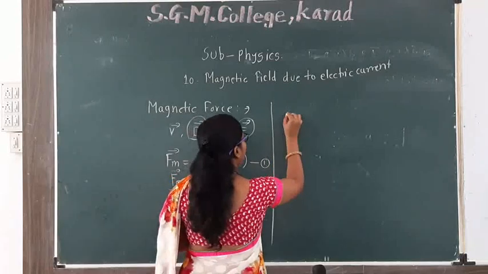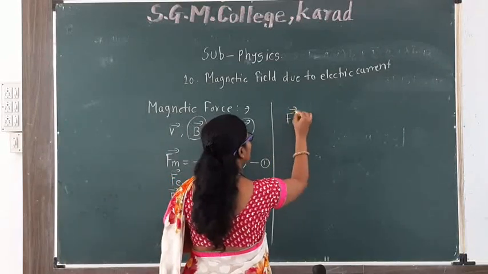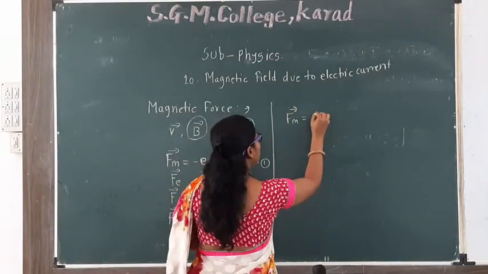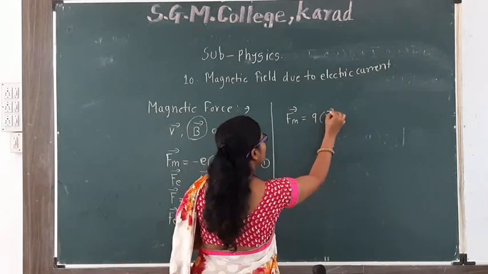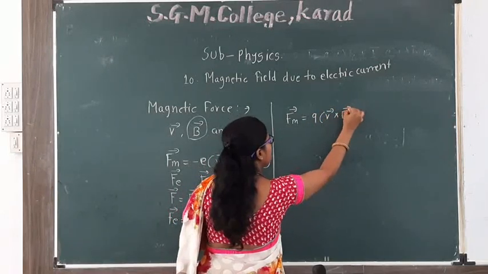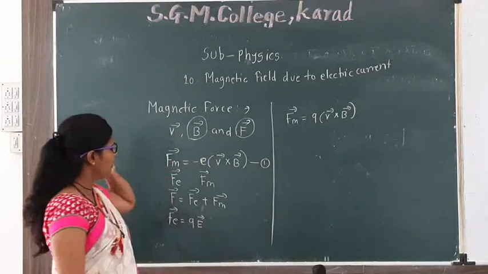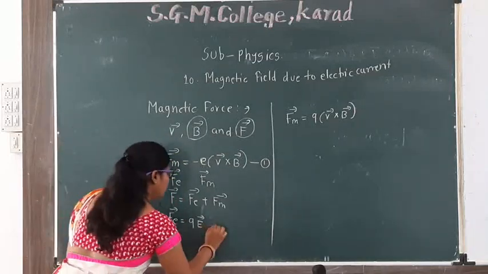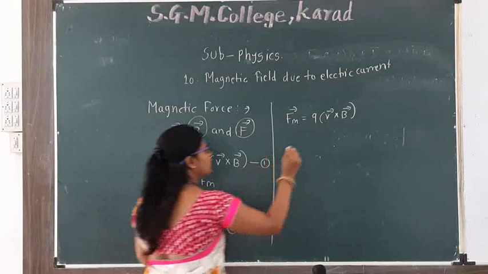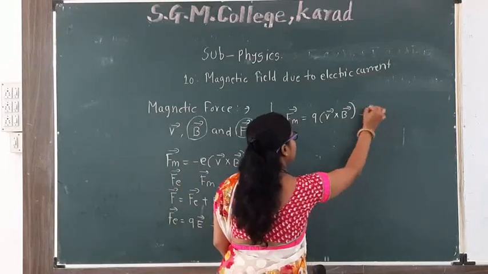Now vector Fm is equal to Q vector V cross vector B. This is equation second, and this one is equation third.